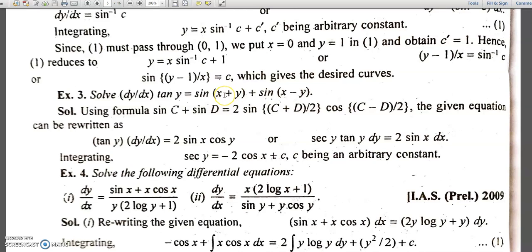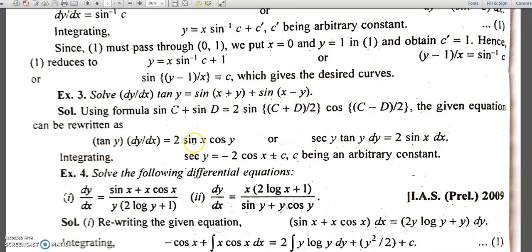So for that you have to apply the formula, sin C + sin D. We know sin C + sin D = 2 sin((C + D)/2) cos((C - D)/2).